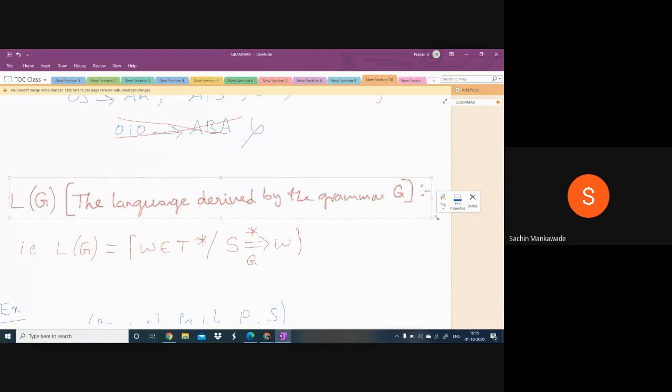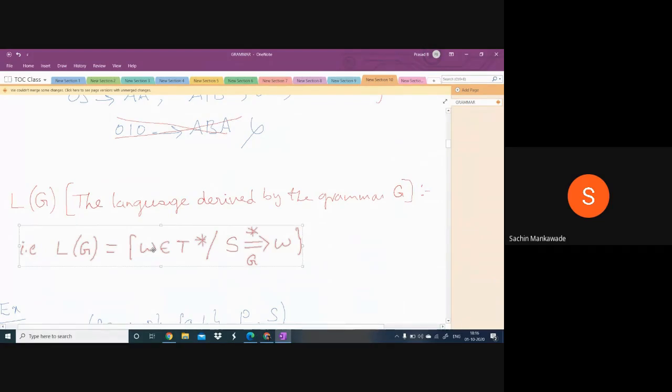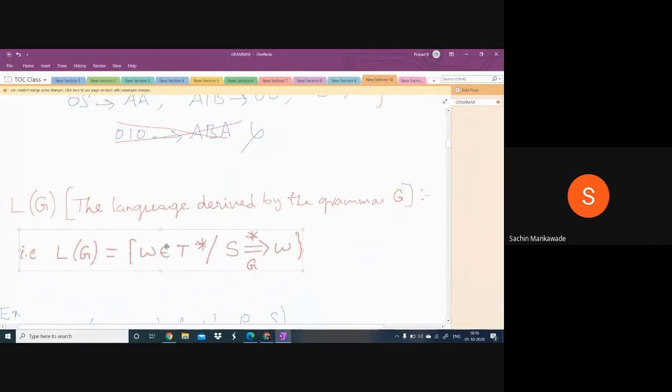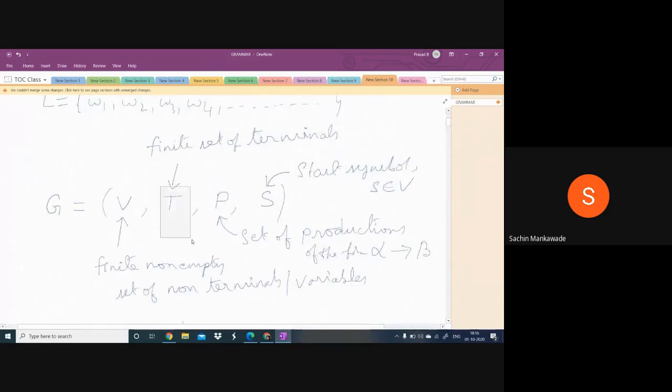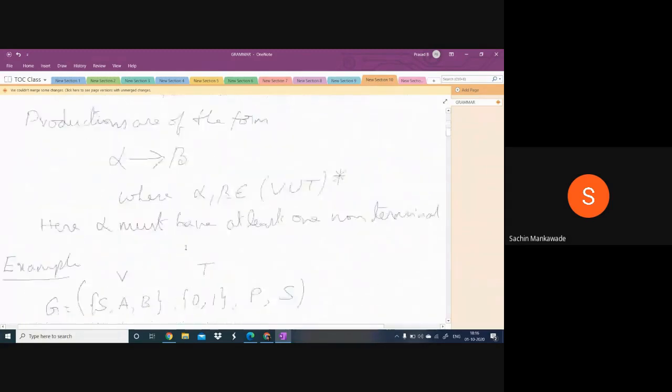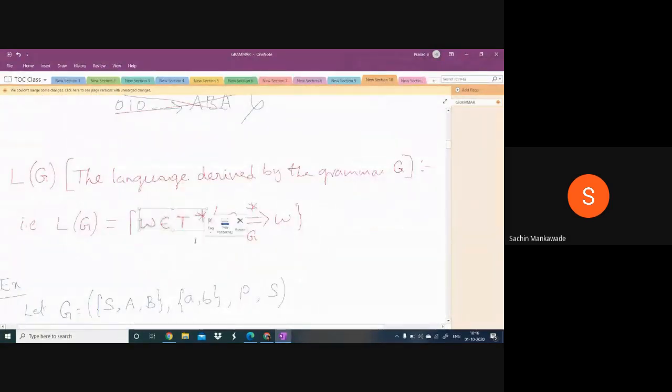L of G, the strings we represent with W. W is the combination of only terminals, not the combination of terminals and non-terminals. It is only the combination of terminals. Okay, see, L of G is the set of terminal strings, such that this W is derived from the start symbol.